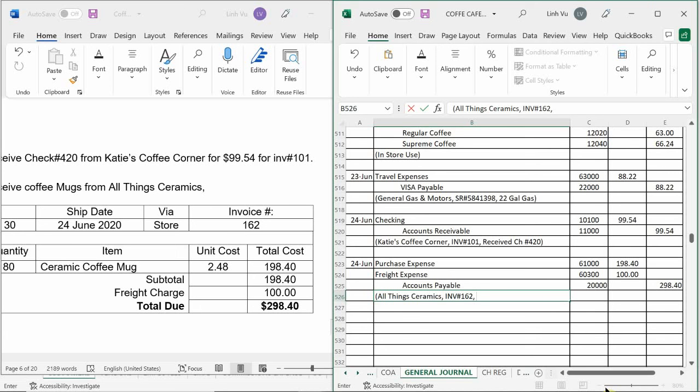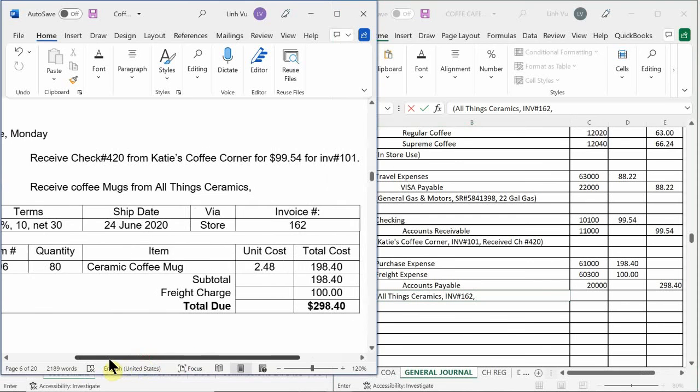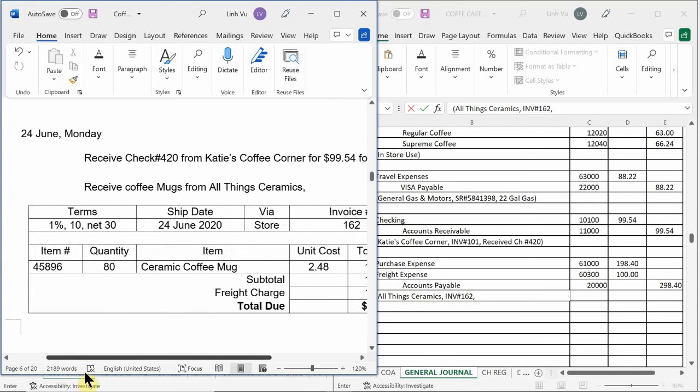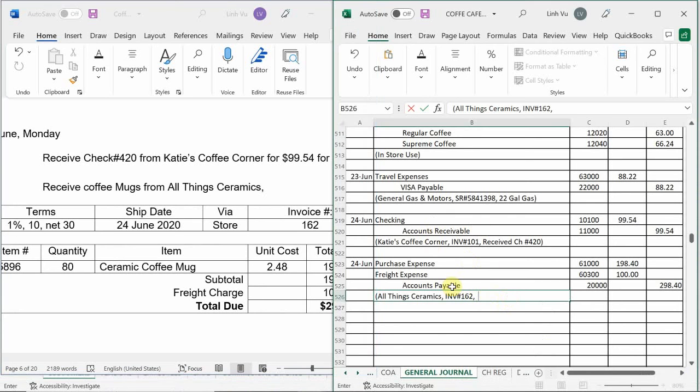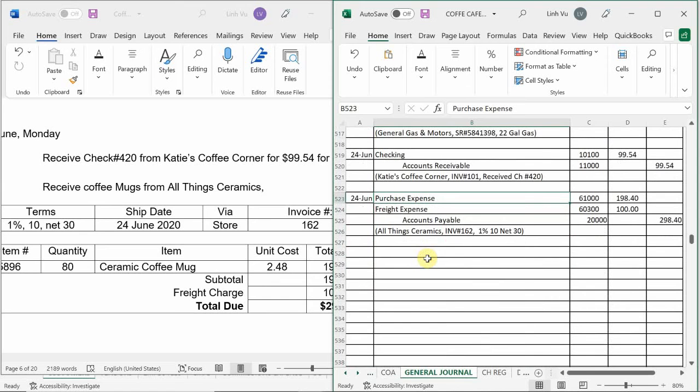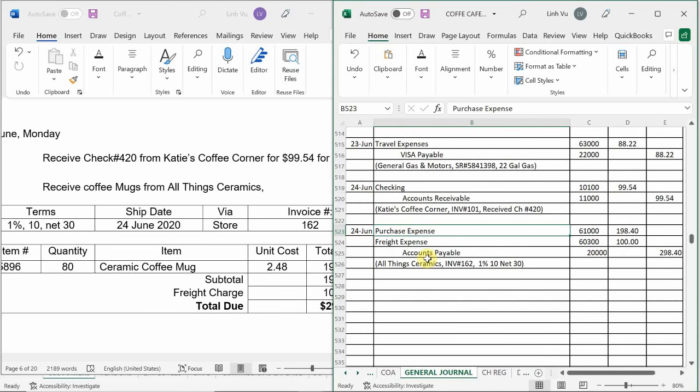What were the terms that they gave me? 1%, 10, net 30. I think that's all the information that we need.